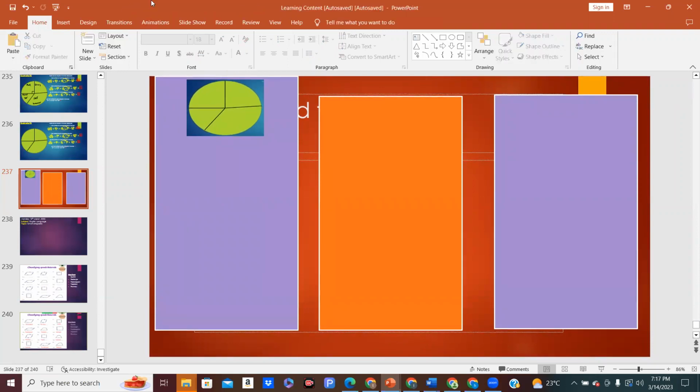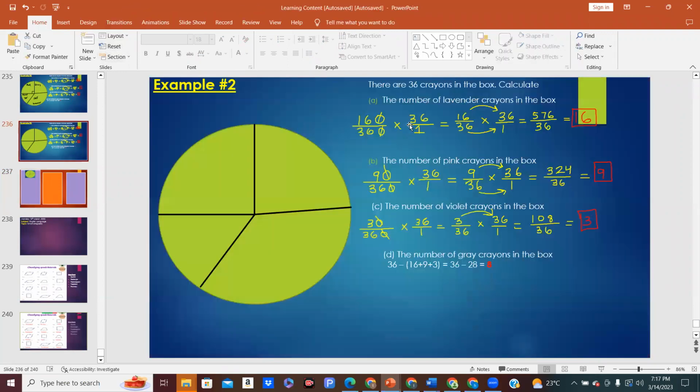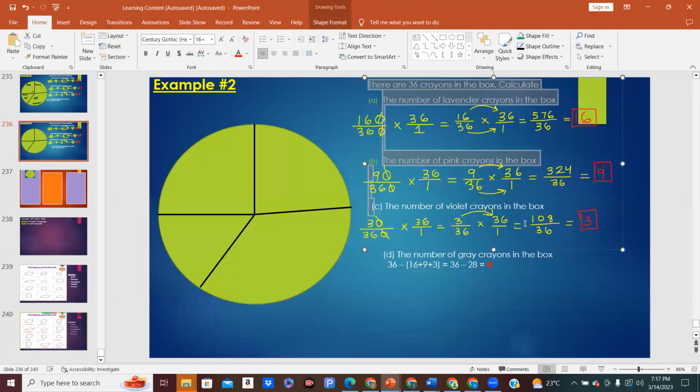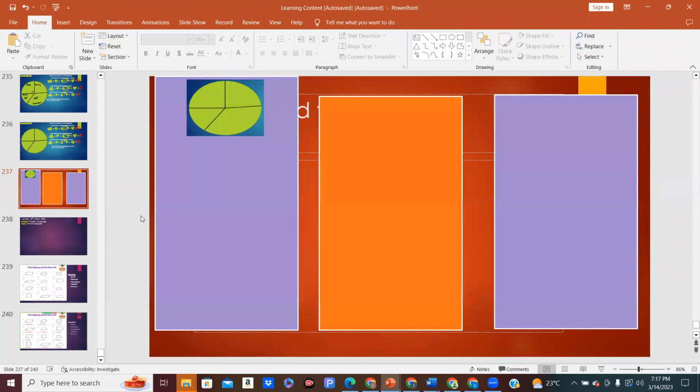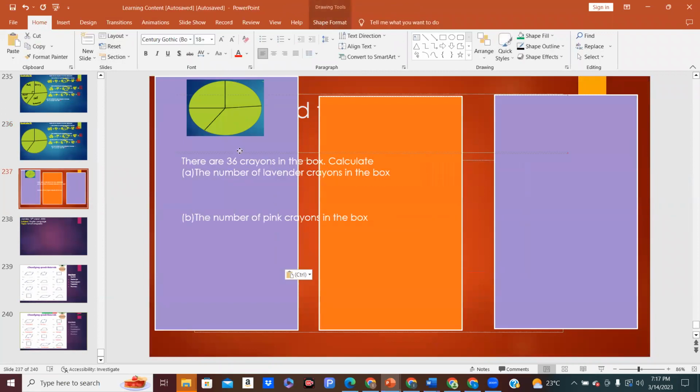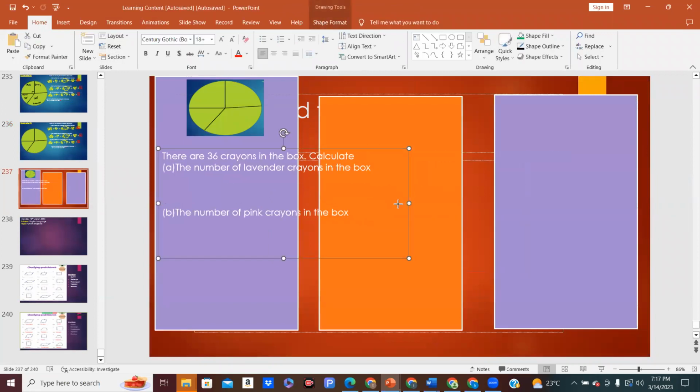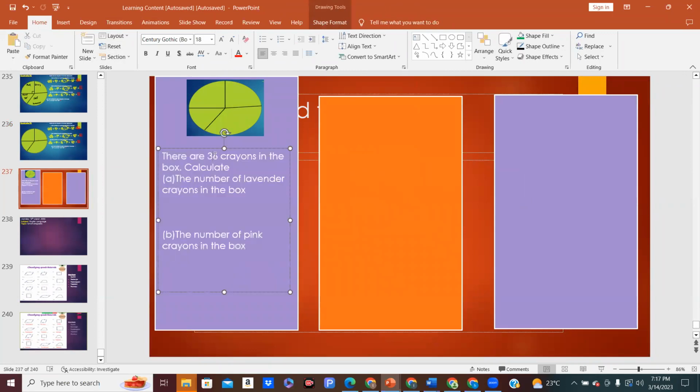Okay, so for this one, let's say that there are 108 crayons in the box.